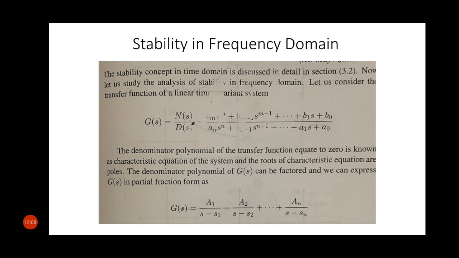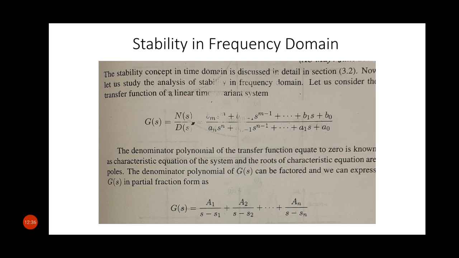This criterion is known as the BIBO stability criterion. If for a bounded input the output is bounded, then the system is stable, and if for a bounded input the output is unbounded, then the system is said to be unstable. Now let us study the analysis of stability in the frequency domain.